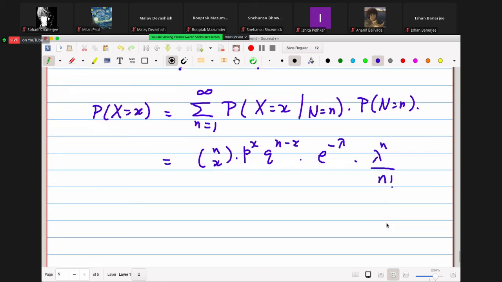And now again you will have some simplification. What is this? So n factorial and n factorial will go away. p power x by x factorial times n minus x factorial. There's a summation. I should not forget that summation.